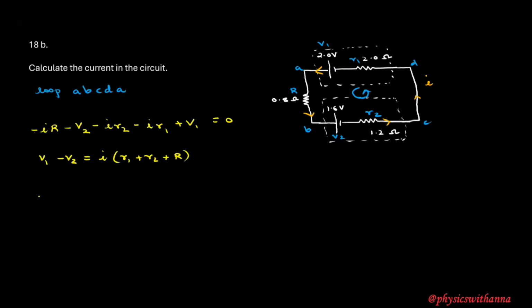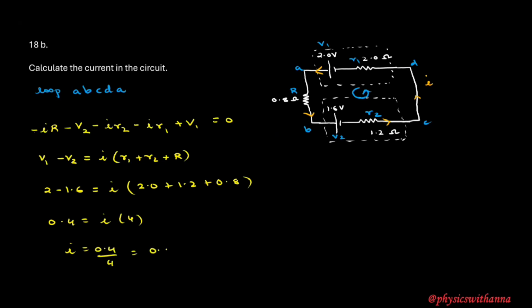Now substitute V1 is 2, V2 is 1.6, equals I times small r1 is 2, r2 is 1.2 and capital R is 0.8. That gives me 0.4 equals I times 4, or I equals 0.4 over 4, that will be 0.1 ampere. So this is how you can use Kirchhoff loop rule to calculate current through any circuit.